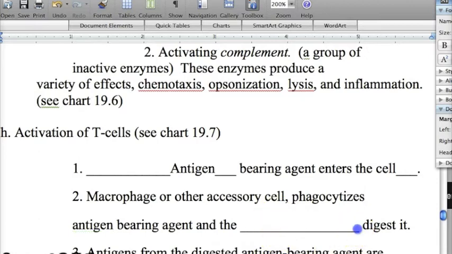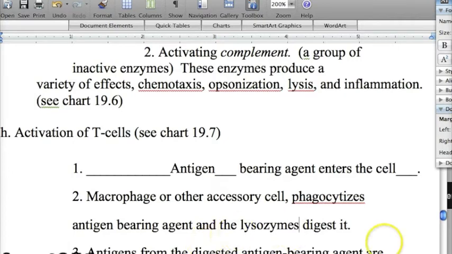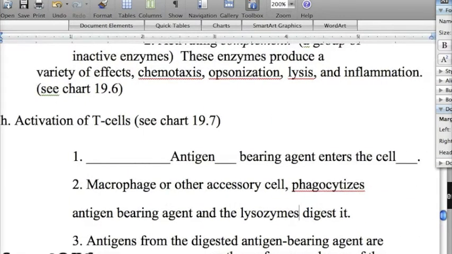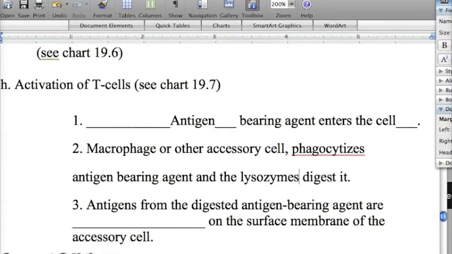And the lysozymes that are found within that cell will then digest it. And then it does something kind of interesting. It takes part of that protein or part of that polysaccharide or part of that glycolipid, and it displays them on the surface membrane of the accessory cell.